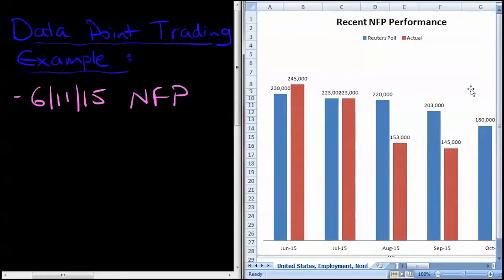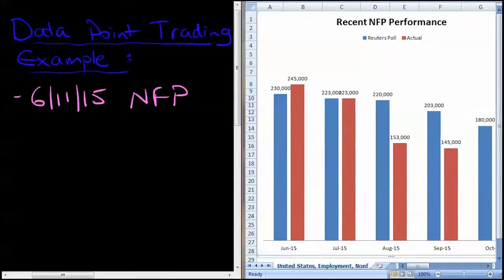The recent non-farm payrolls performance, as you can see, is basically dating back to June 2015, just a few months, just to see what this figure actually has been doing over the last few times. And what we can see in here is basically the blue is the Reuters poll.